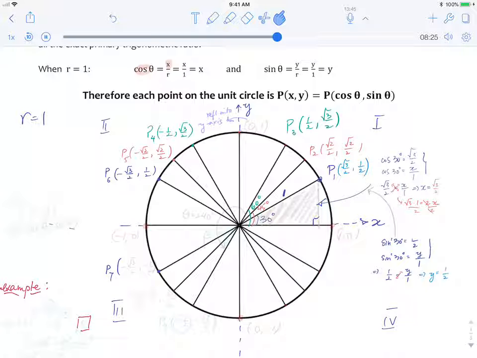They're both negative, so I keep the x and I change the y. Okay, 1 over 2, and continue, and we get a P8 of negative root 2 over 2, negative root 2 over 2. And finally, our P9 is negative 1/2, negative root 3 over 2.